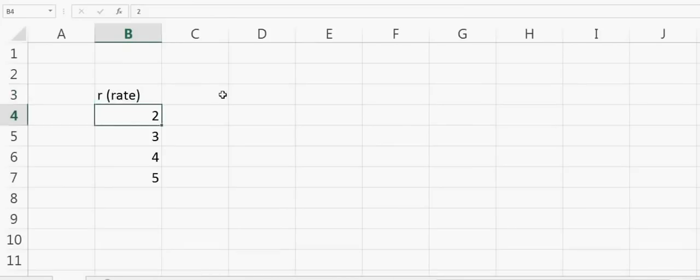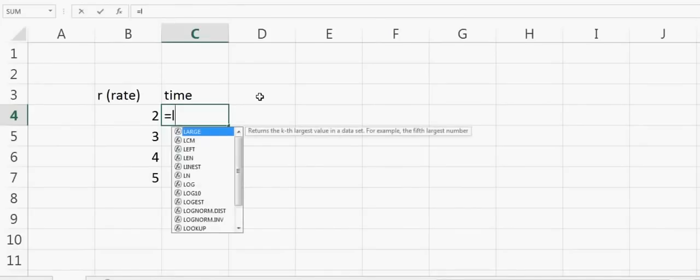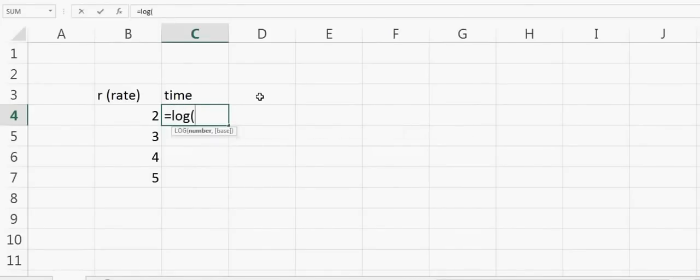And then we have time. Time should be equal to, as we calculated before, log of 2 divided by log of 1 plus r divided by 100, because this is in percentage.